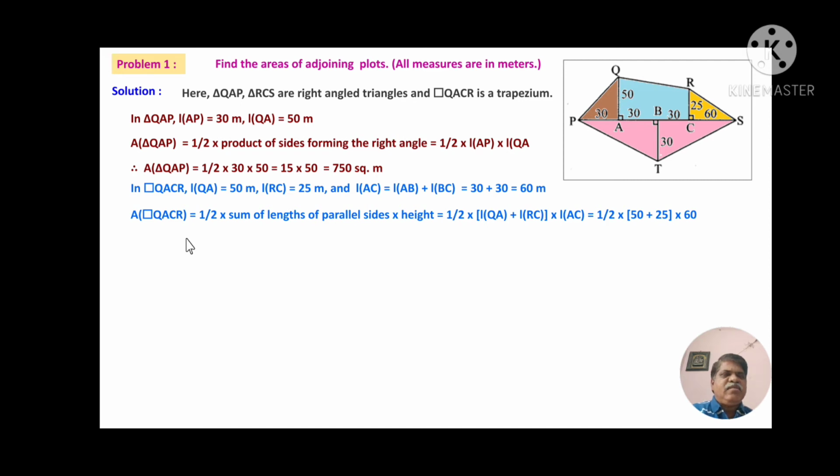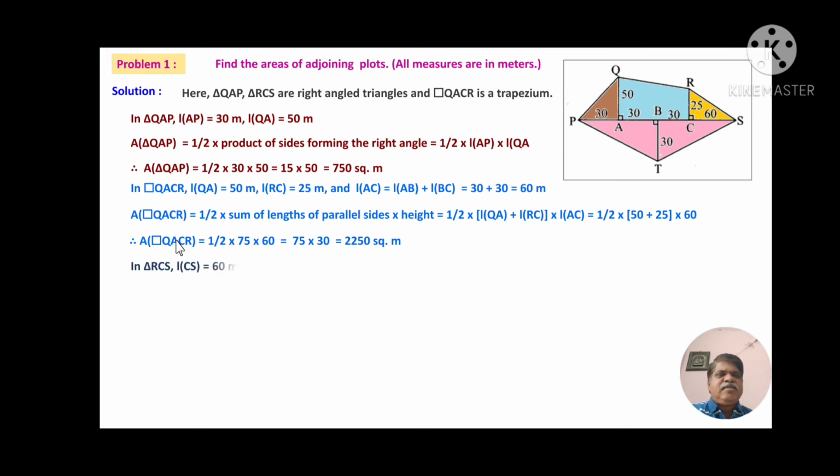Putting the values, half into (50 plus 25) into 60. Therefore area of quadrilateral QACR is equal to half into 75 into 60, which is equal to 75 into 30, that is 2250 square meter.